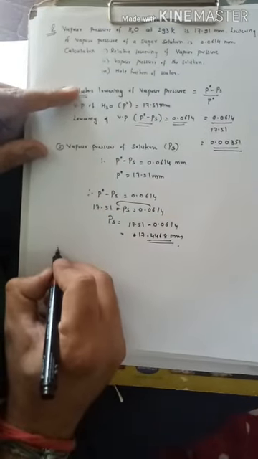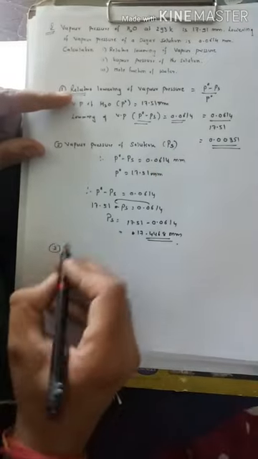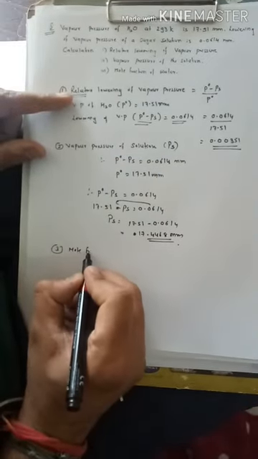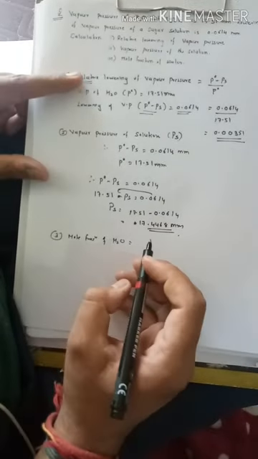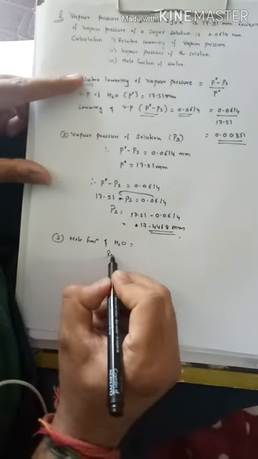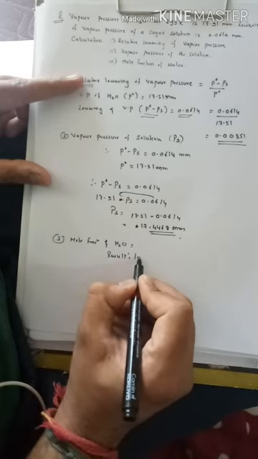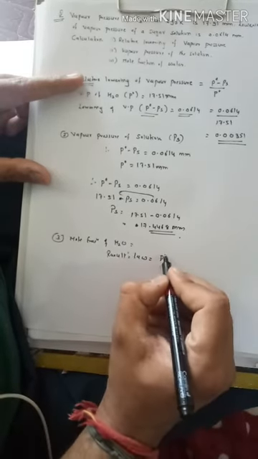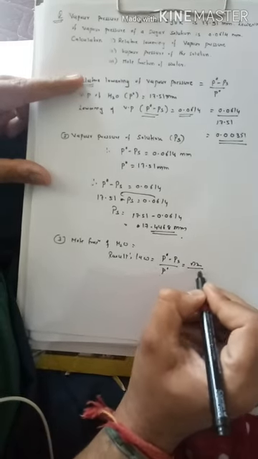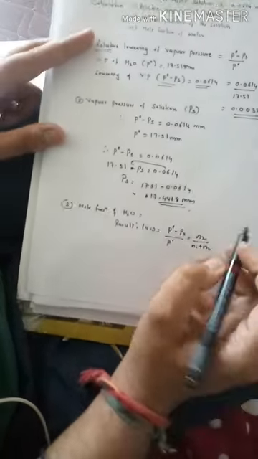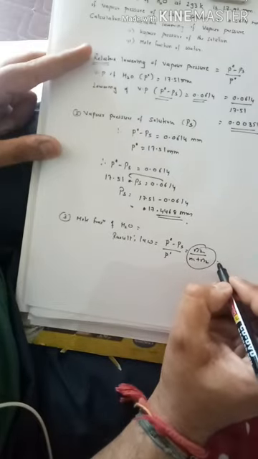Now what about the third portion? It's the mole fraction of water. The formula by Raoult's law again is P naught minus Ps upon P naught equals N2 upon N1 plus N2. What is N2 upon N1 plus N2?